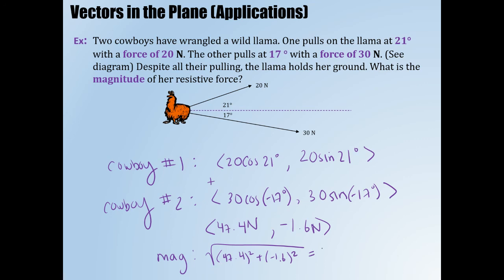I get that the magnitude of her resistive force is about 47.4 newtons approximately. I guess it would probably be greater than this for her to be standing her ground. If this is the magnitude they're pulling her at, the magnitude of her resistive force would have to be greater than that. Okay.